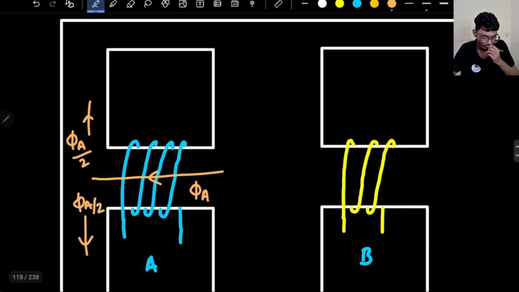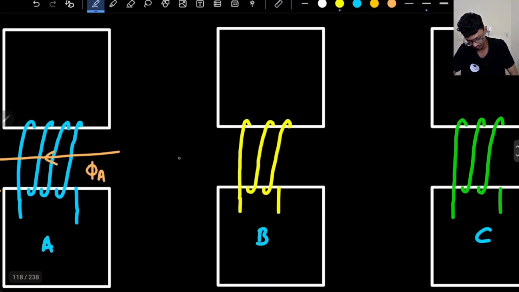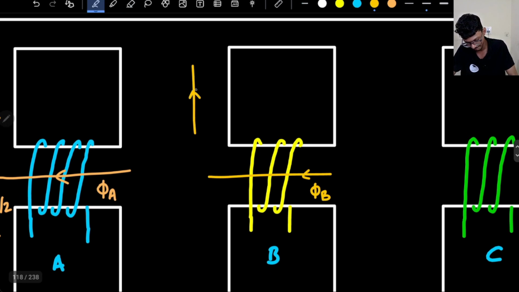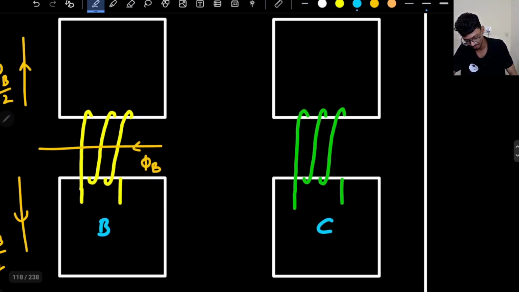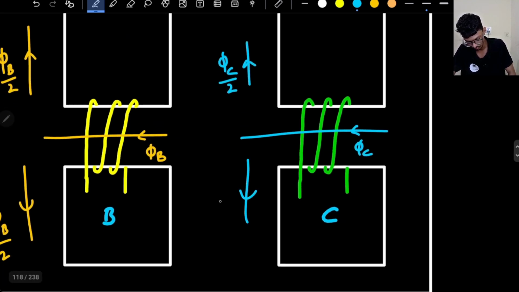Same for phase B: phi B by 2 will come here, and phi B by 2 will come here. There is a problem, I will explain. Same for here: phi C will come, so phi C by 2 will go here and phi C by 2 will go here.